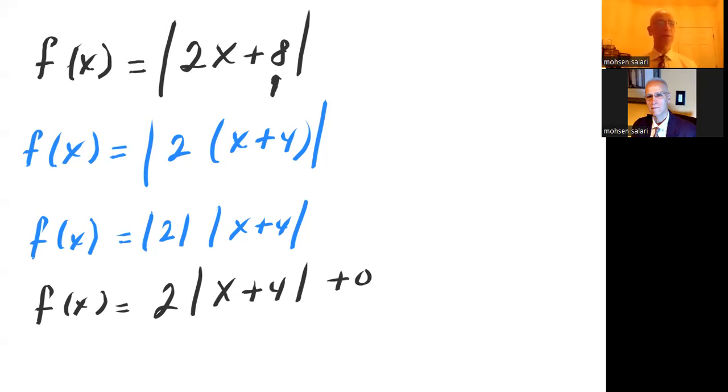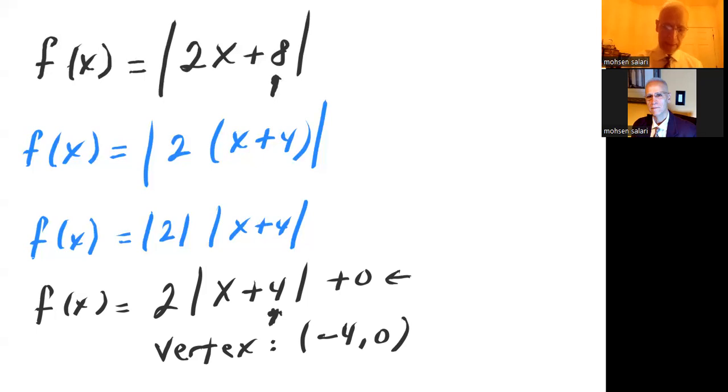And from here, you know that the vertex is at -4, the opposite of this number, and 0 from here. We covered this in Math 141. So that's one way of finding your vertex.